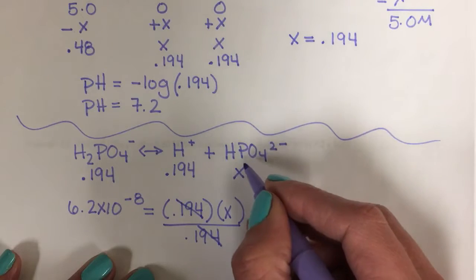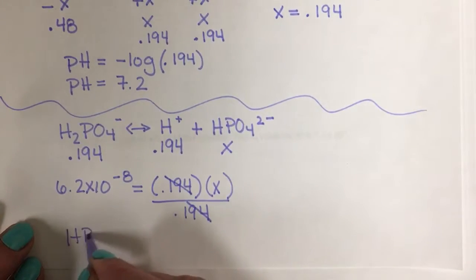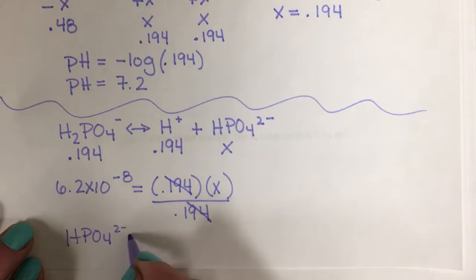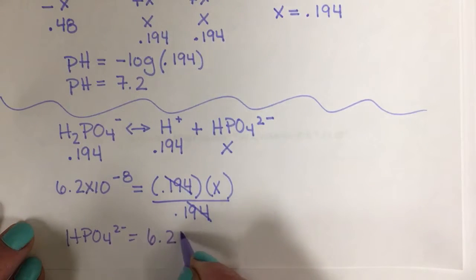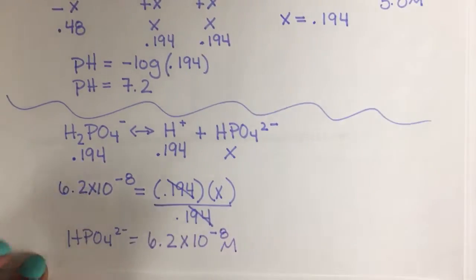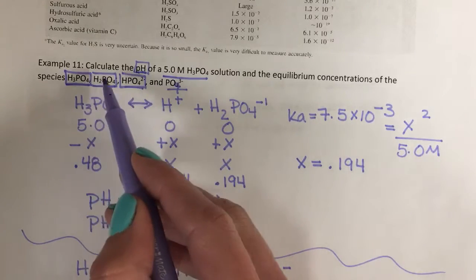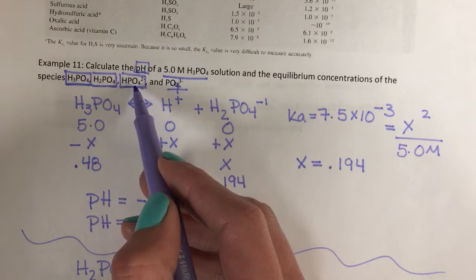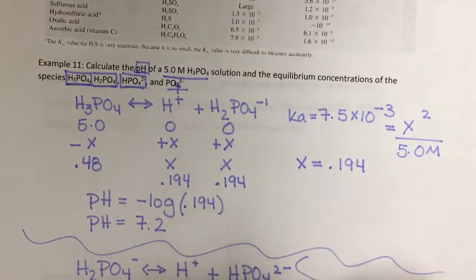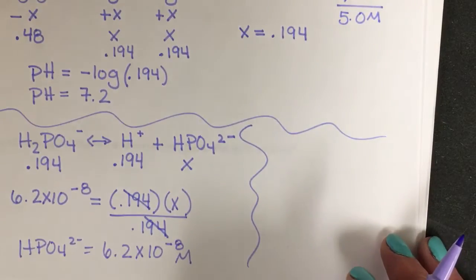So my HPO4 is going to be 6.2 times 10 to the negative 8th. Okay? So now I have H3PO4, H2PO4, HPO4. Take a second and solve for PO4 3 minus.